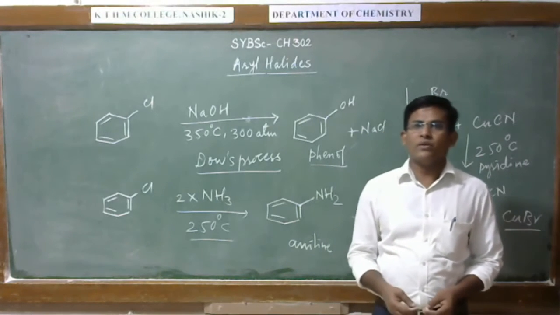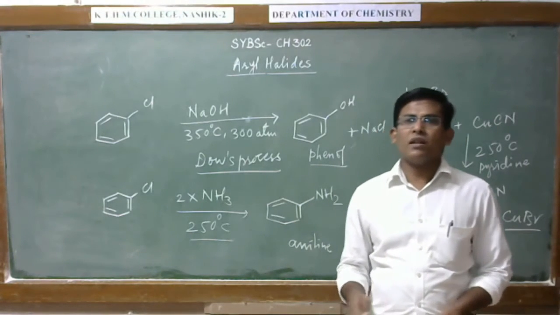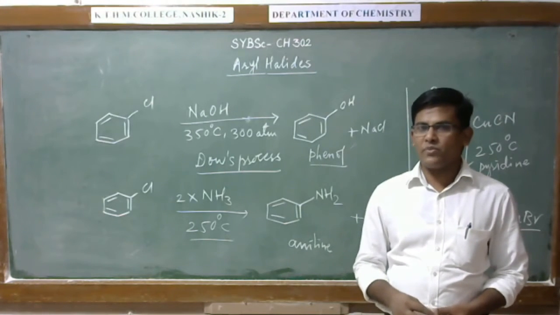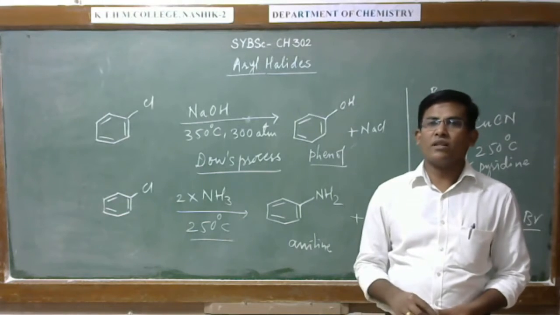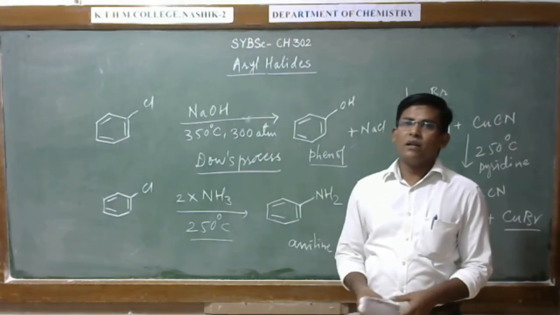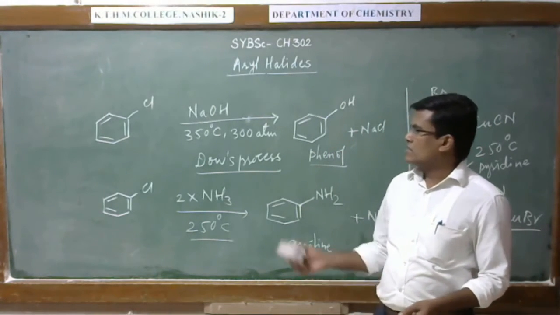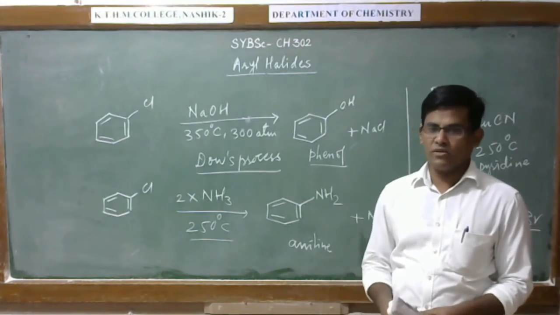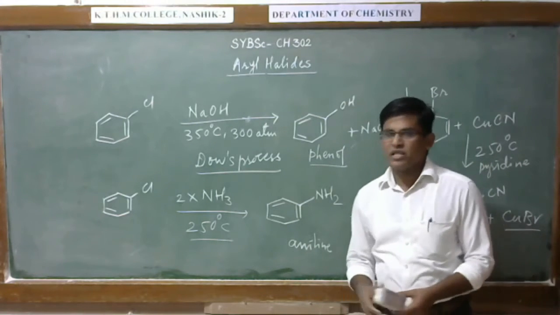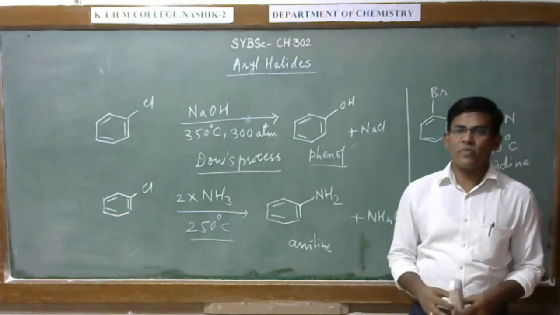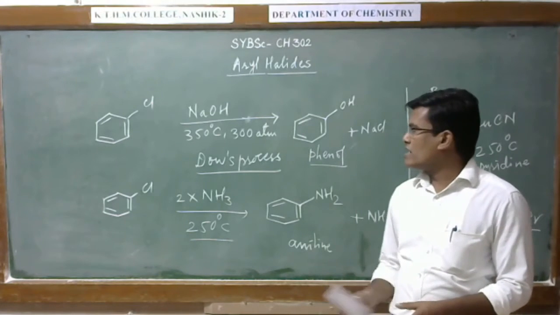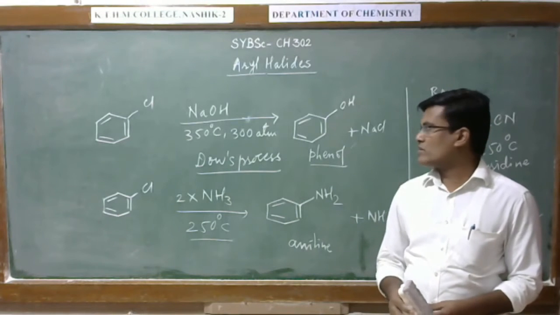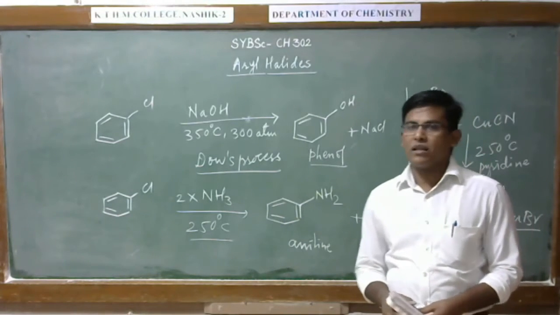And when you have an electron withdrawing group, for example a nitro group at ortho and para positions, the reaction will occur easily. Unlike alkyl halides, aryl halides do not participate in conventional SN2 reactions, since SN2 requires backside attack, and the benzene ring is planar, so that is not possible in aryl halides.